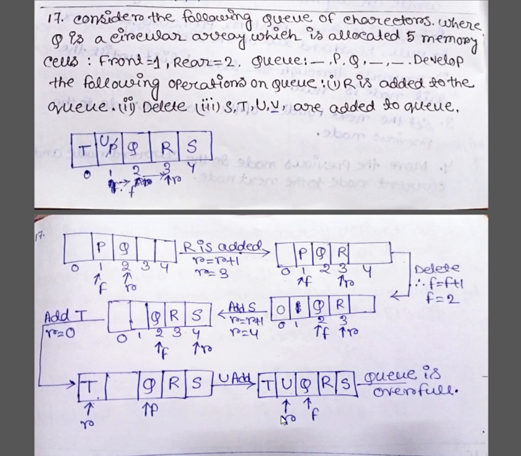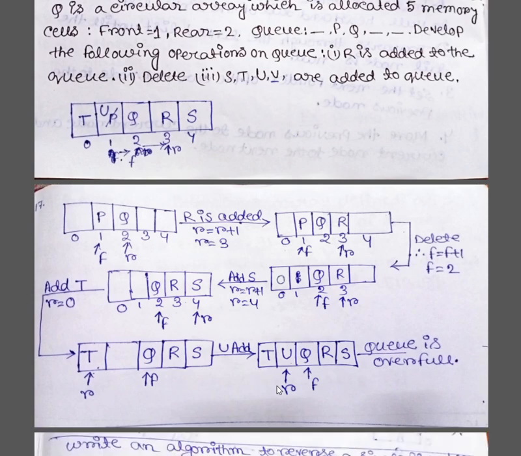Now the queue is full. The queue is overflowed. We cannot insert any more elements inside this queue. That means we can't insert this V inside this queue anymore because the queue is overflowed. So this will be our current queue condition for this particular question.